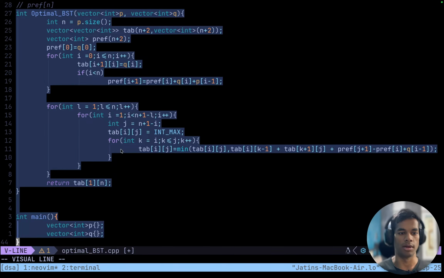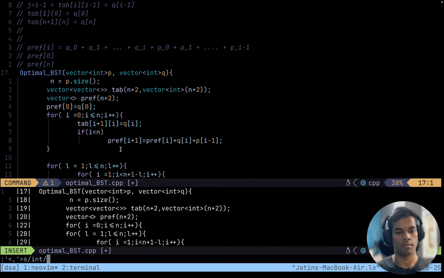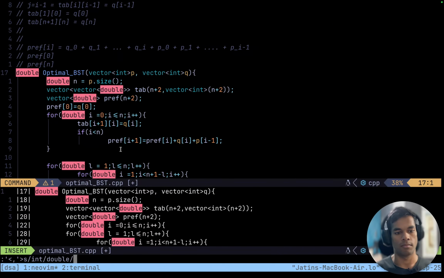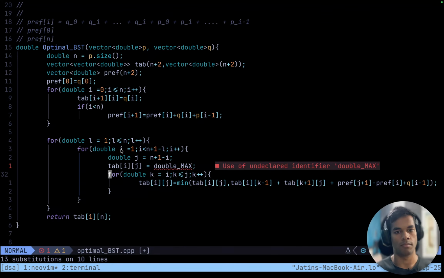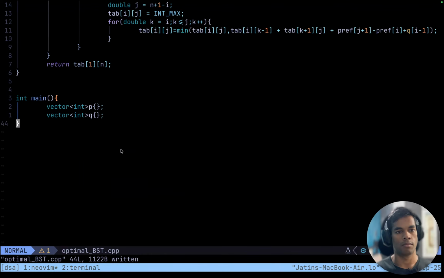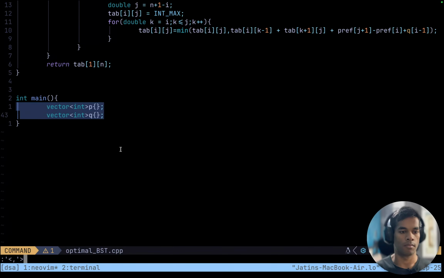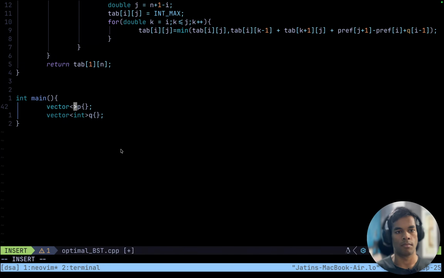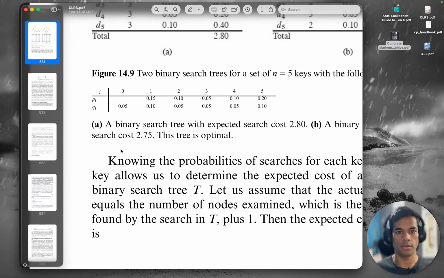Let's make everything a double. And what were the values in there? The value brackets.